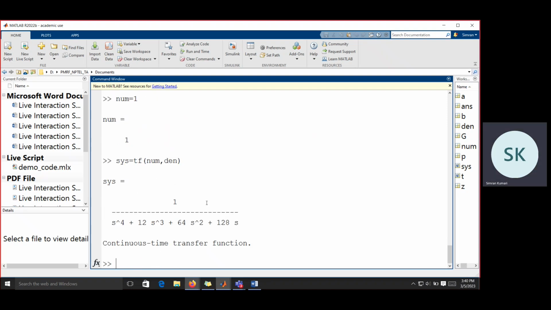We have got this transfer function, which is the open loop transfer function, and the variable is k. Now we'll plot the root locus with the system as input.